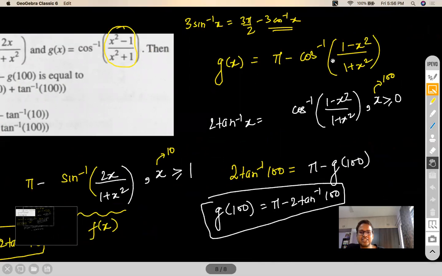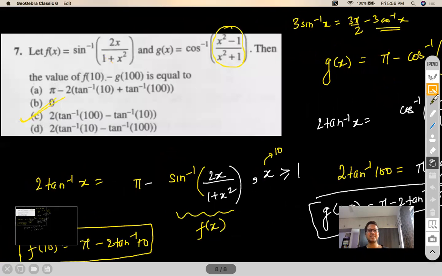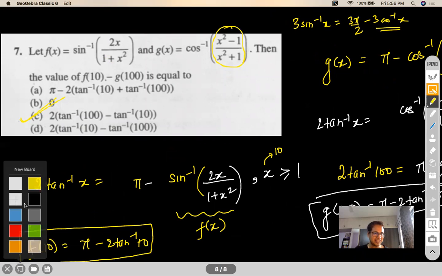So cos inverse this guy is pi minus g100. So pi minus g100 will be equal to 2 tan inverse x, 2 tan inverse 100. Okay. Be careful. I mean, don't take things for granted. They may change. They may play with the signs.